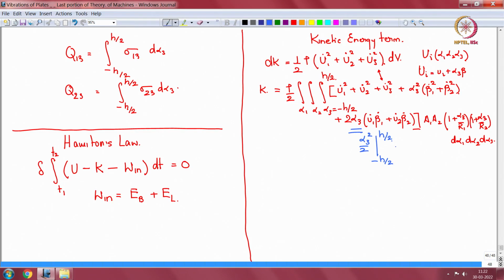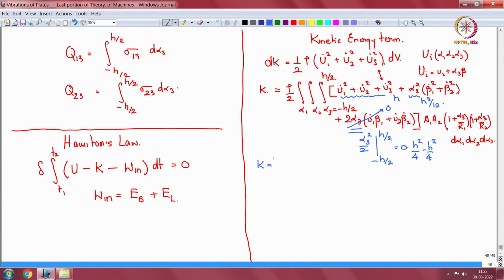Therefore this will go to 0, because it is h square by 4 minus h square by 4. So this term will go to 0 if we do the alpha 3 integral. Now this will acquire only one h, and this will acquire h cube by 12.